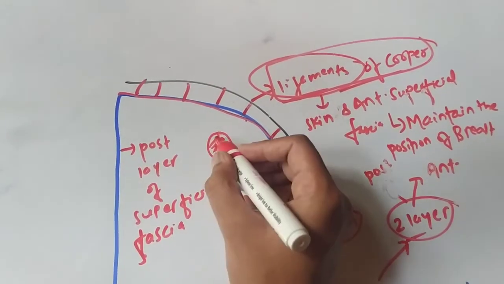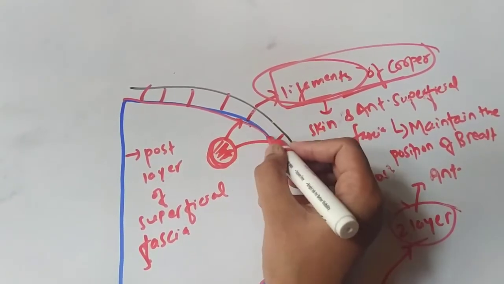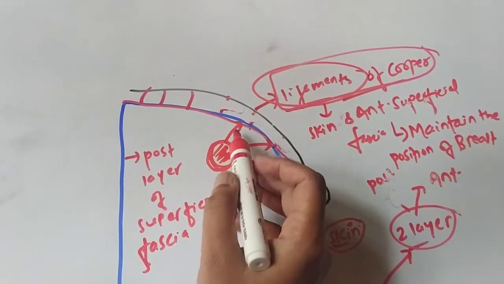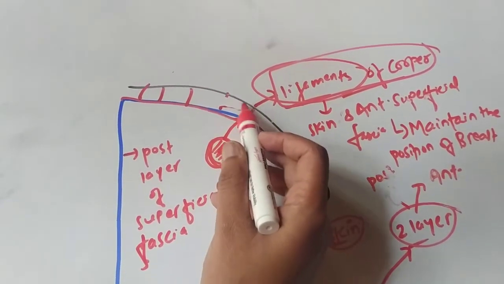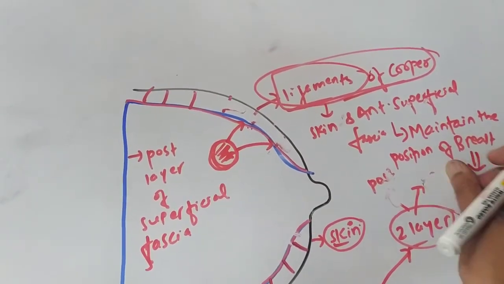But let us suppose any cancer develops in the breast and invades the Cooper ligament. If it damages the Cooper ligament, then the superficial fascia and skin cannot be held together, and in that condition the position of the breast will be altered.